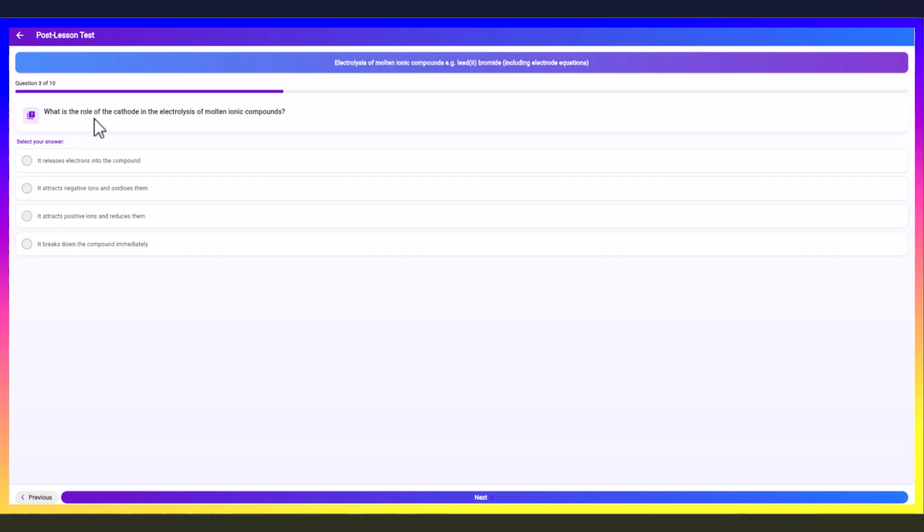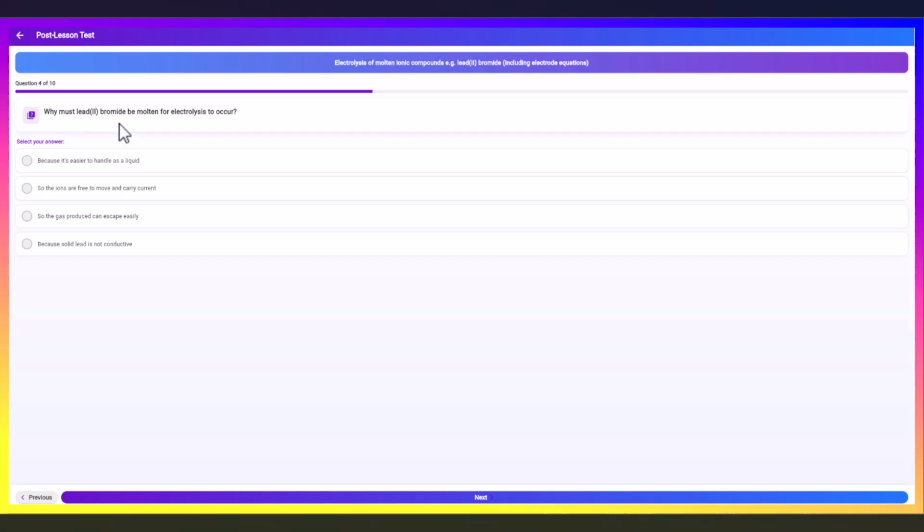Okay. What is the role of the cathode in the electrolysis of molten ionic compounds? The cathode is releasing electrons into it. That's what we learned. Why must lead 2 bromide be molten for electrolysis to occur? So the ions are free to move.